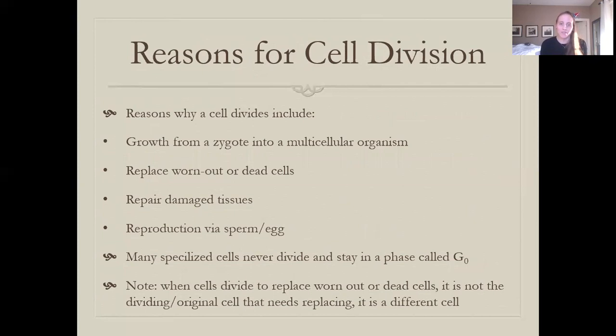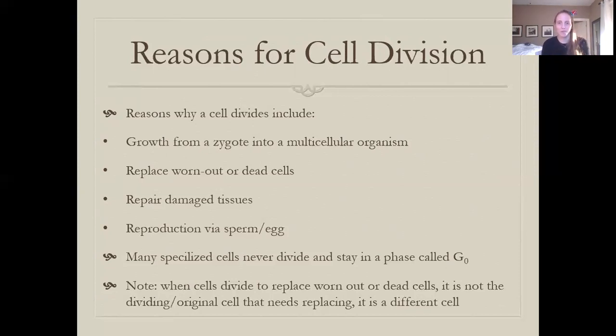So we already talked about the first one here, growth from a zygote into a multicellular organism. When the sperm and egg first come together, the sperm fertilizes the egg, and right away you just have a single-celled organism. And then the cleavage process starts until we make a morula. That process of making the morula, that cleavage process, is cell division.